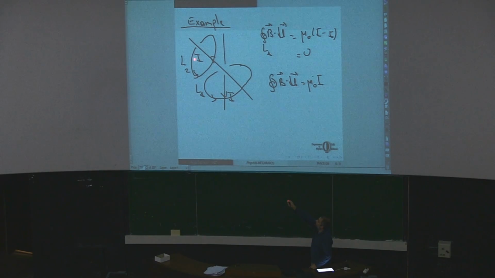The magnetic field at every point on this loop receives contributions from both this current and the other current. But nevertheless, when you take this integral, the contributions from the other wire just give zero, whereas from this wire they sum up to give mu zero times I.